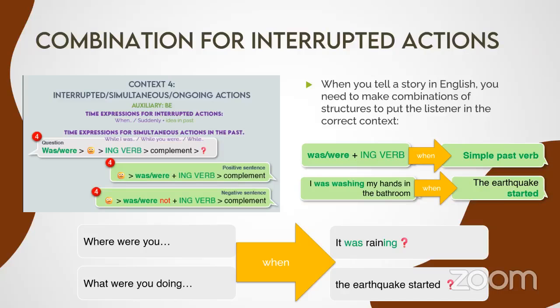I was speaking with my friend and she told me, are you with me? And we were going to the last class.